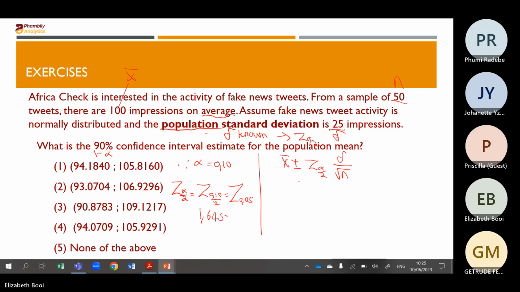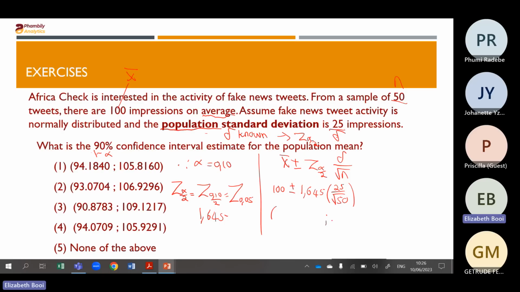Our mean is 100 plus or minus our critical value, 1.645, times our standard deviation, 25, divided by the square root of n, which is 50.